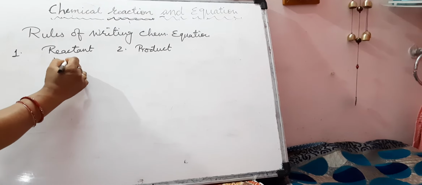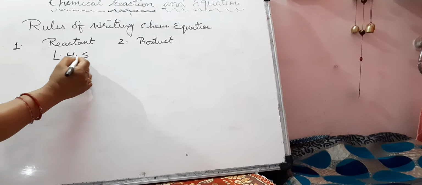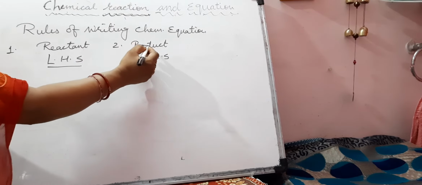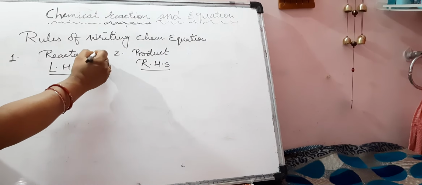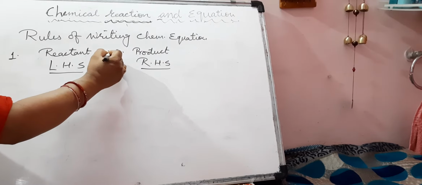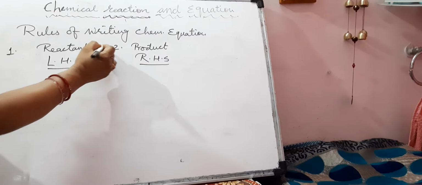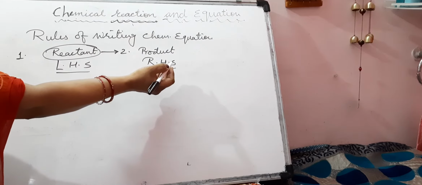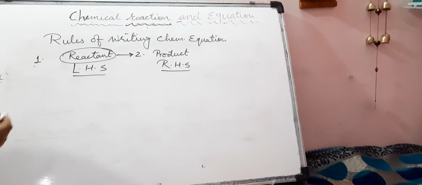Reactant is always written on left hand side while product is written on right hand side. That's why reactants LHS, products RHS. In between reactant and product, an arrow facing towards product is used, which is indicating that when reactants react together, they form product. So this is the first rule of writing chemical equation.